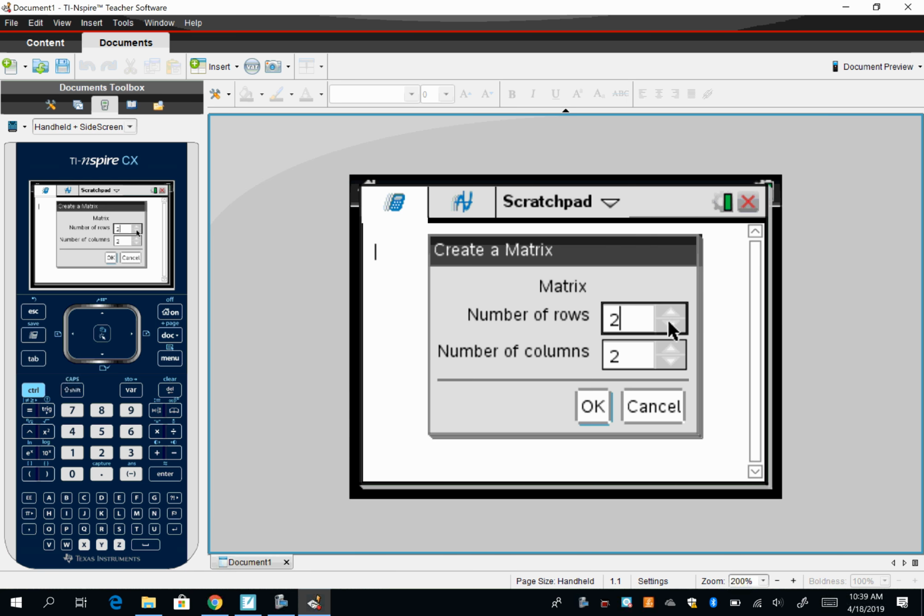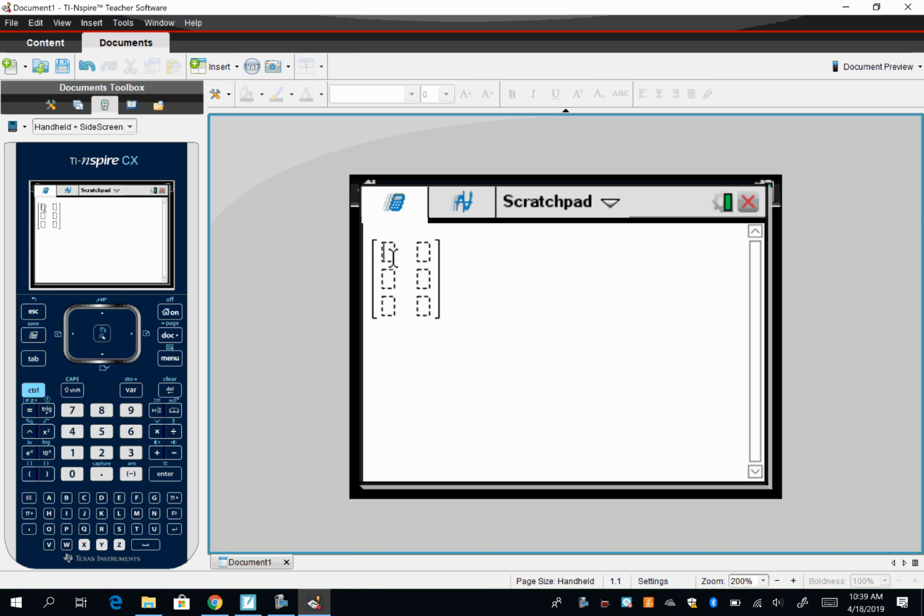How many rows? 3 rows, 3 columns. All right, give me the numbers. 6, 36, 7, 26, 6, 33. Make sure you get outside the matrix.